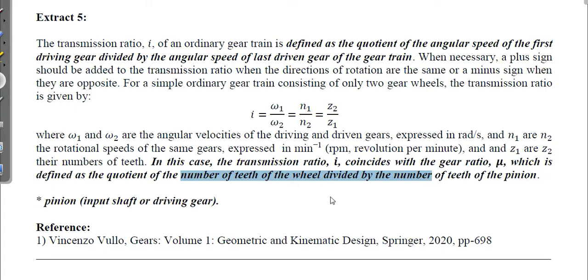And here the pinion will always be the input shaft, that is the driving gear. So here see, angular velocity is driving upon driven. Okay, driving is the numerator and driven is the denominator, and the number of teeth is just the inverse relation. So it is using the same term for this order: transmission ratio and gear ratio are the same.